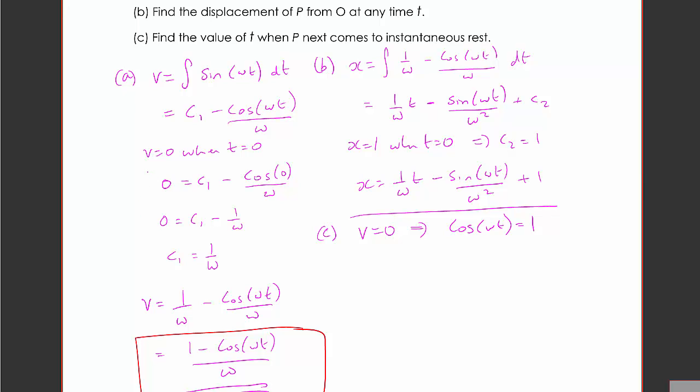Now we know that happened when v is 0. Now the next time the cosine is equal to 1, remember it's 1 here, 0, negative 1, 0, it's back to 1 here. That tells me that ωt is equal to 2π. So that means that t would be equal to 2π over ω. And that is something else you might recognize from physics.